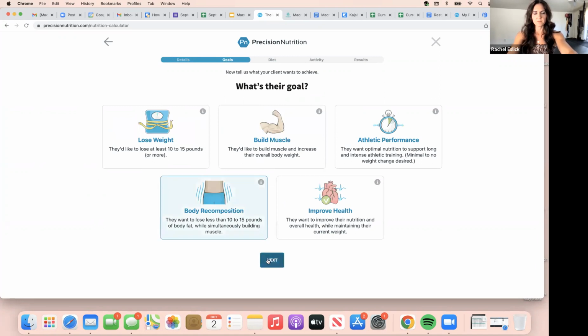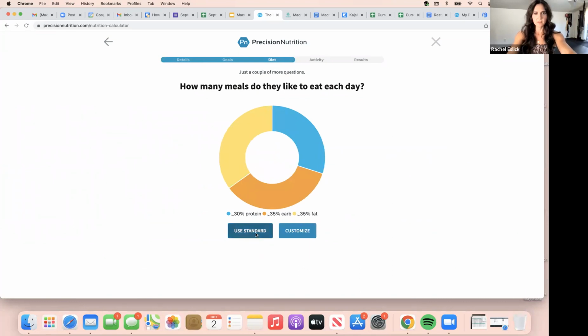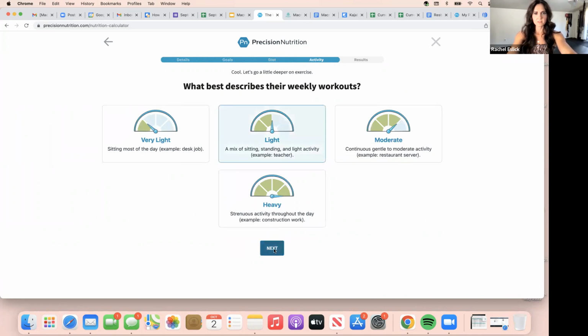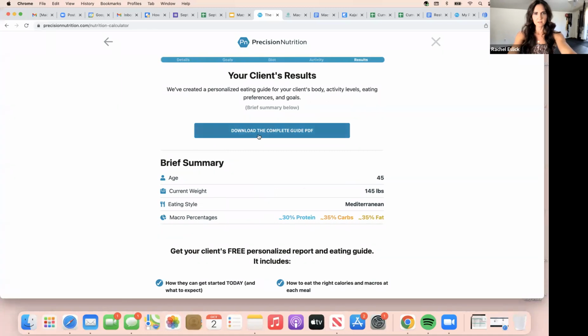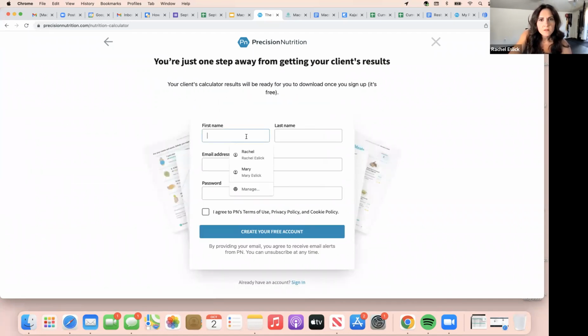We said body recomp, right? Mediterranean, because you fancy. Two meals. Light. You said light. Download the complete guide. I have an account already though. That's why I'm like, why is this? Oh, I probably should have just said it was for myself.